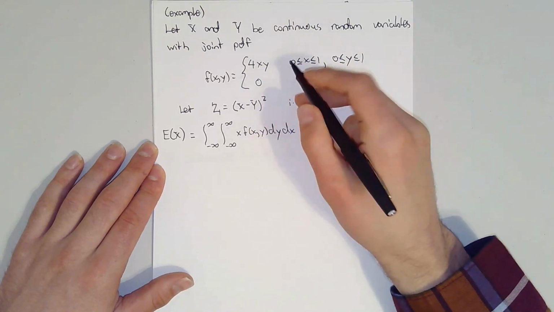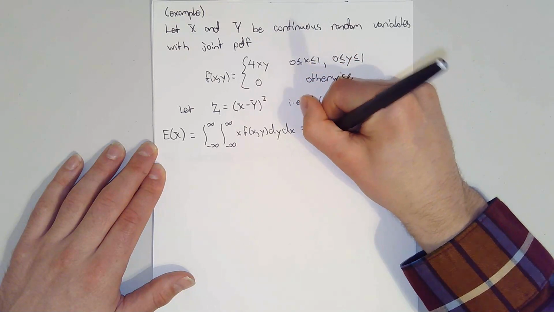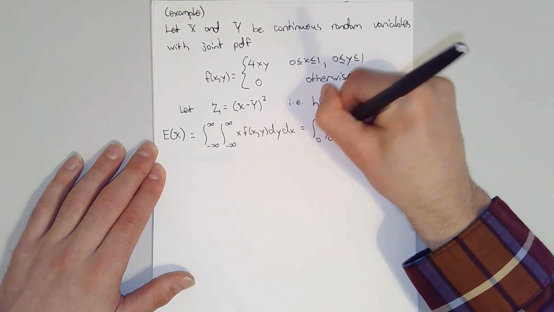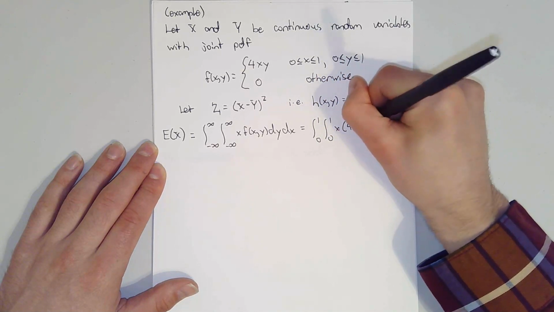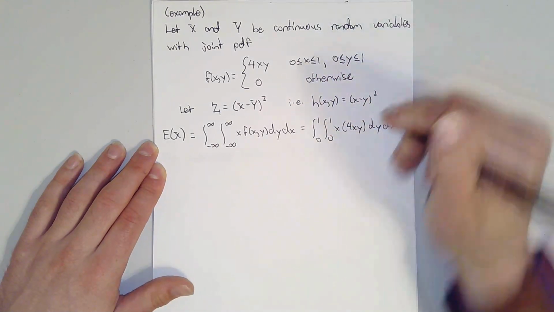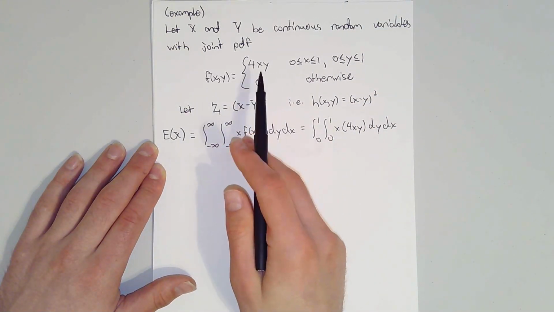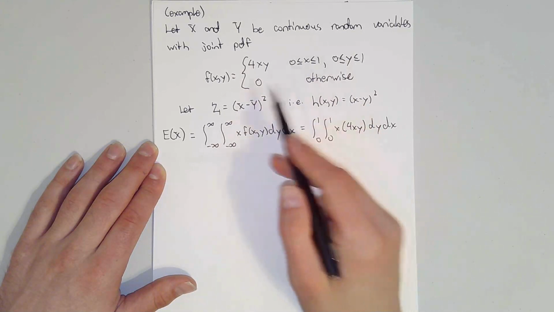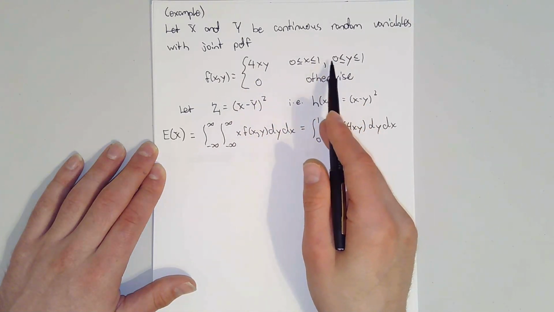Well, according to our definition of our joint PDF, this reduces to the following. This can be seen because our joint PDF only has support in the first quadrant, and in fact, just where x is on the interval from 0 to 1 and y is on the interval from 0 to 1.